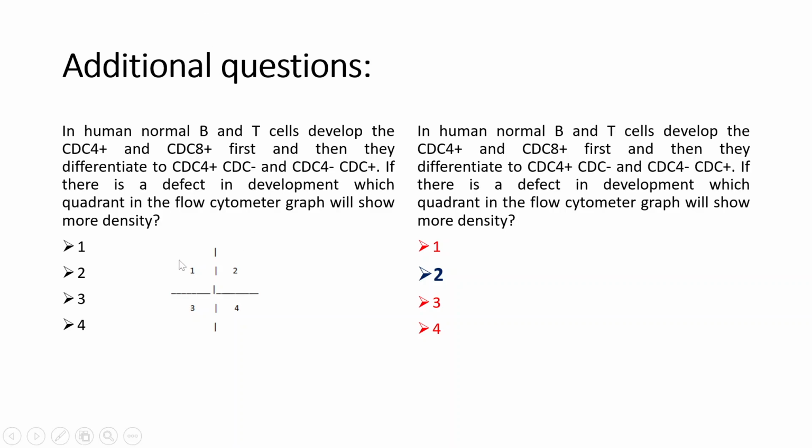So if we are measuring the CD4 plus marker along the x-axis, as we had seen in one of the questions related to the CD45 plus marker, and we are measuring the CD8 plus marker on the y-axis, then CD4 plus cells, which bear the CD4 marker, should appear towards the right-hand side of the x-axis.